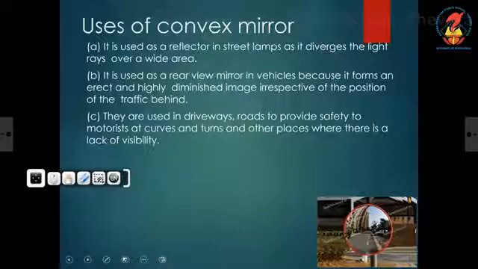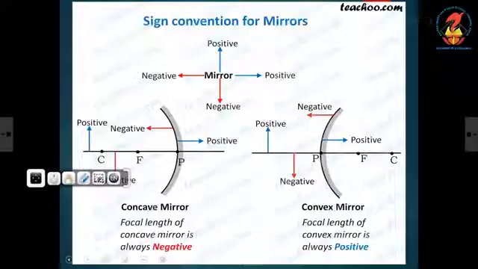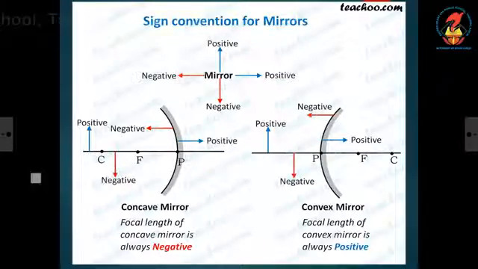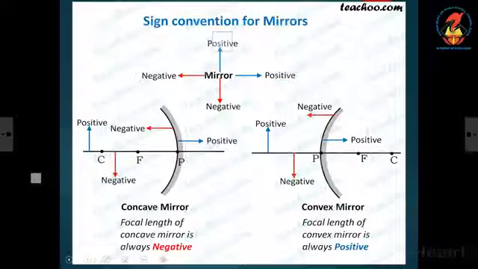Towards the x-axis, the measurement is taken as positive. Towards the x dash axis, meaning towards the left side of the mirror, it is taken as negative. Towards the y-axis, it is taken as positive.